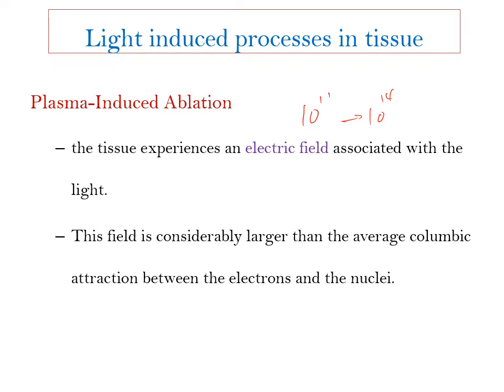So the main reason for this plasma-induced ablation is the electric field produced due to the interaction of light with a tissue. So this field is considerably larger than the average Coulombic attraction between electrons and a nuclei.